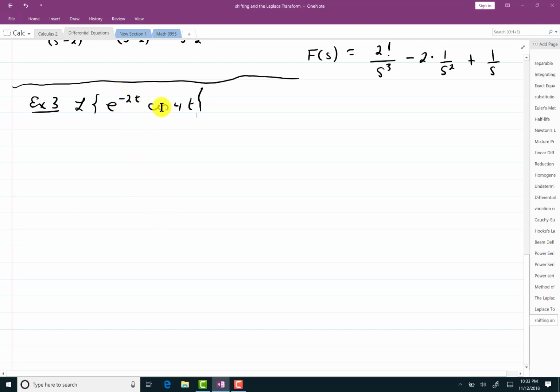First thing we need to do is figure out the Laplace transform of cosine of 4t. And that's the one that had an s up here, and then we had s squared plus 4 squared, that is, k squared. So according to this, wherever you see an s, I'm going to replace the s with s plus 2.